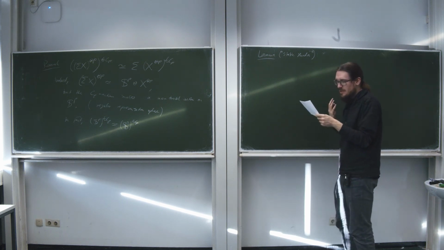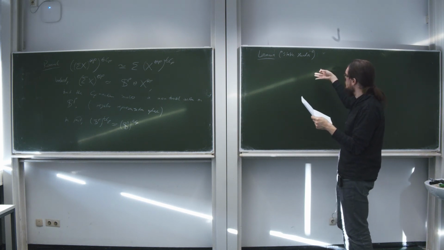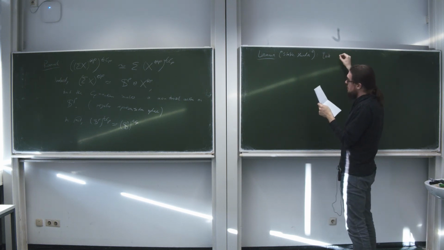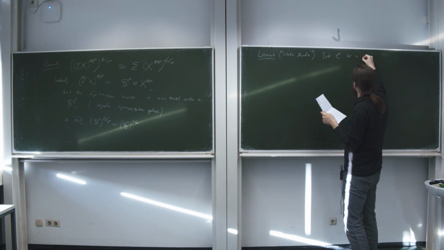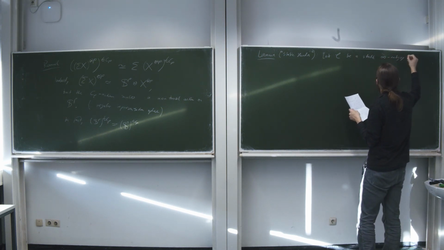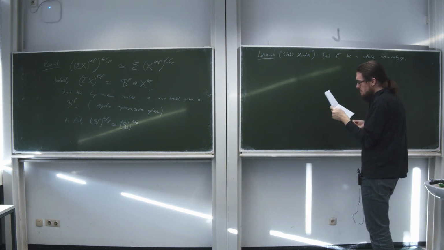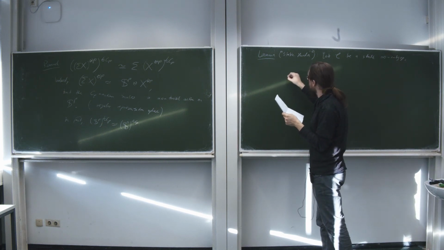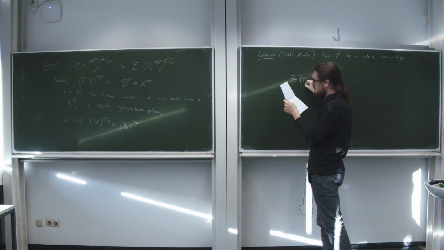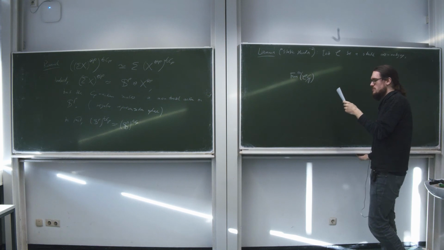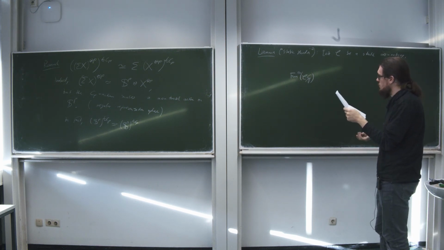So let me give this to you completely generally. For an arbitrary stable infinity category C, you can consider the category of exact functors from C to spectra.